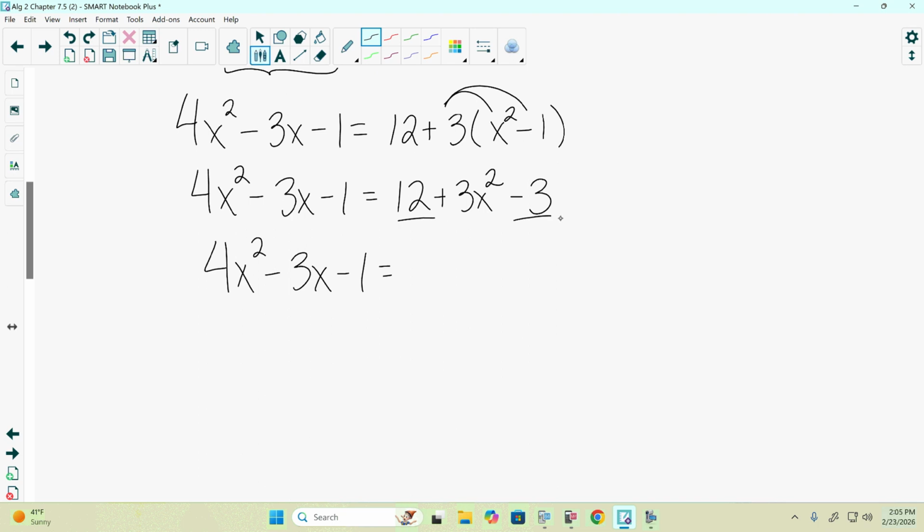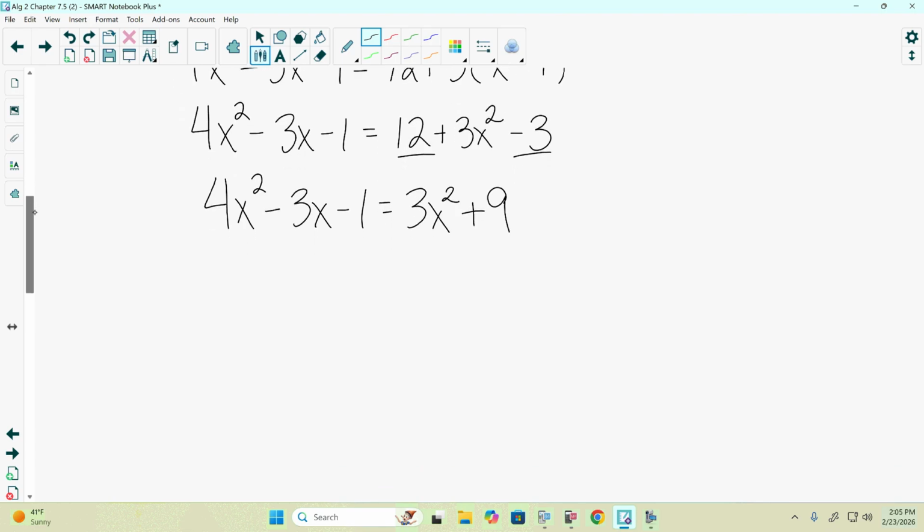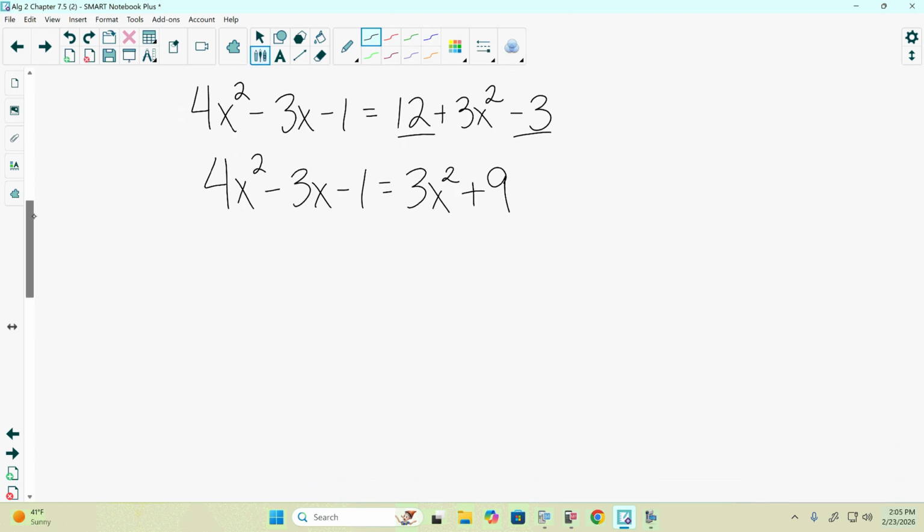Because our 12 and negative 3 are like terms, 12 minus 3 is going to give us 9. Do we have all of our like terms together on both sides, on either side? Yeah. There's no other like terms on either side of the equal sign. So now we can start moving things from one side to the other.